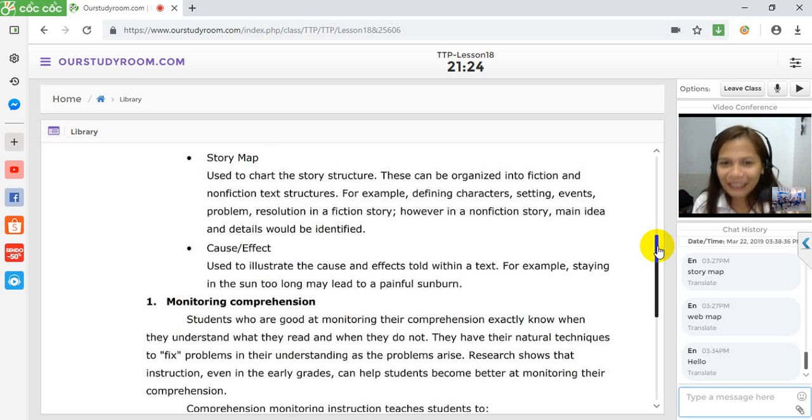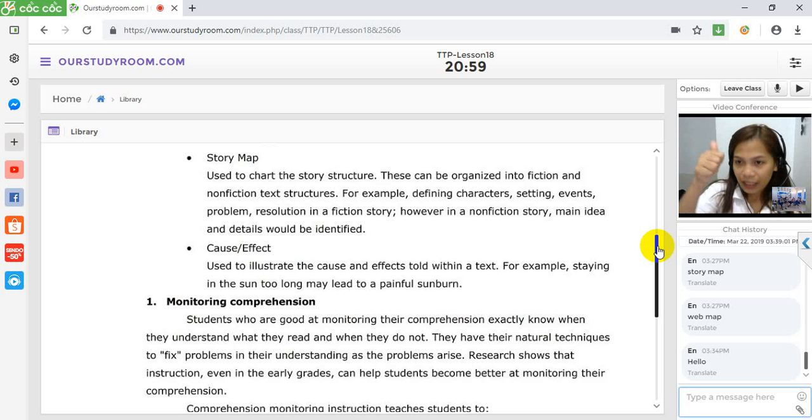What happened next? What did the story give to you? What happened to the characters? So you keep on asking. And, really nice, Teacher Linda, you can ask them to retell or summarize the story.